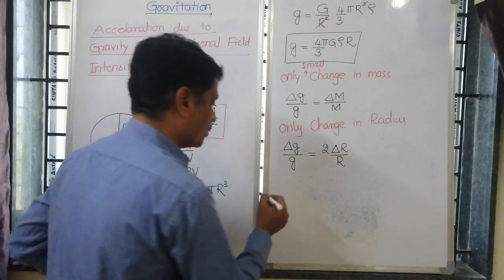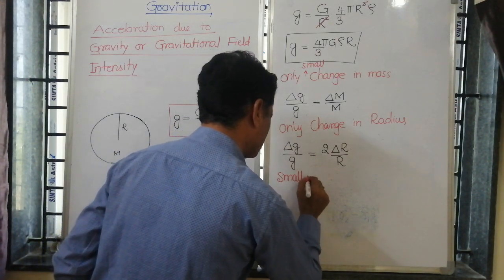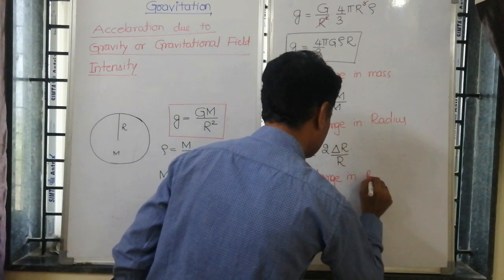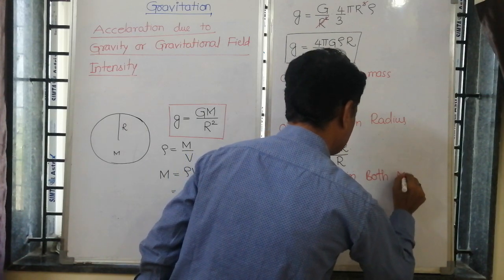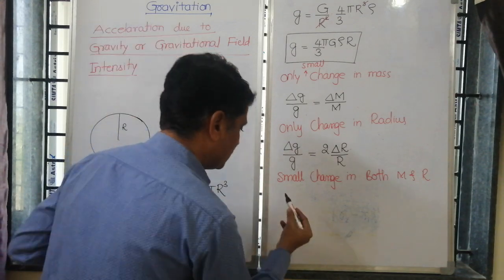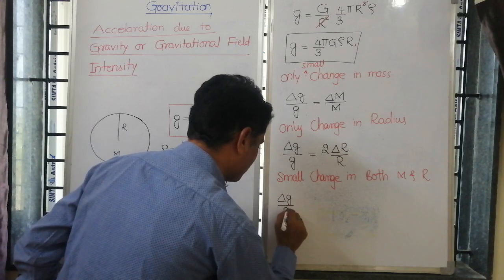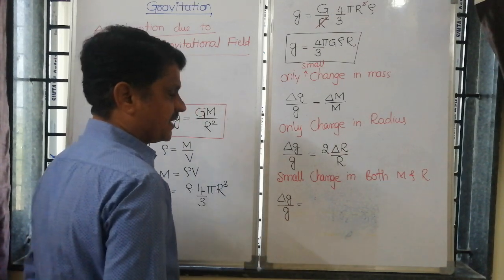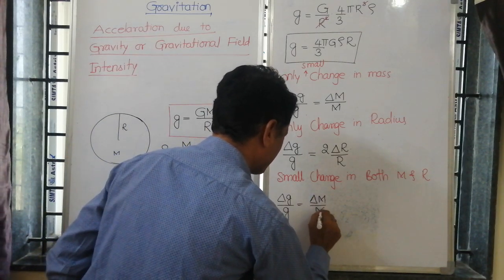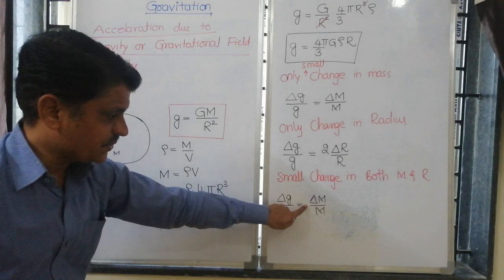If there is small change in both m and r, then the change in acceleration due to gravity is equal to delta m by m. Since as mass increases, g also increases, that's why we take plus.